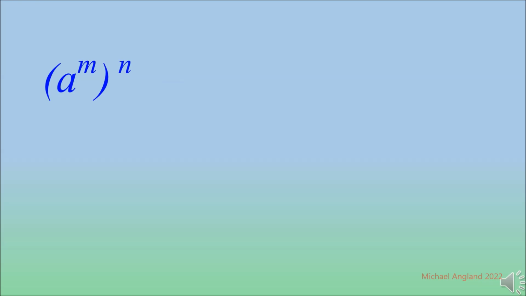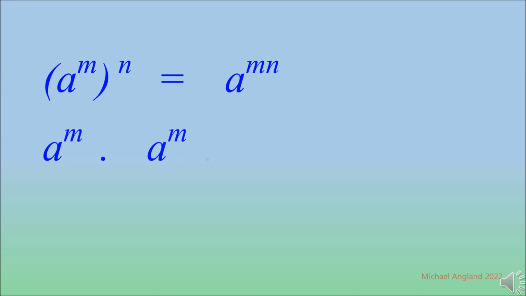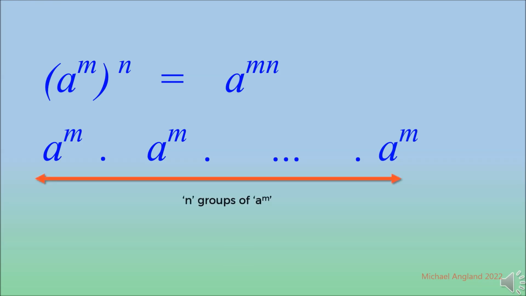Fifth rule, a to the power of m in brackets to the power of n is equal to a to the power of the product, a to the power of mn. So let's look at why this is. A to the m to the power of n means we have a to the m multiplied by itself n times. Below the arrow we have n groups of a to the m multiplying each other.